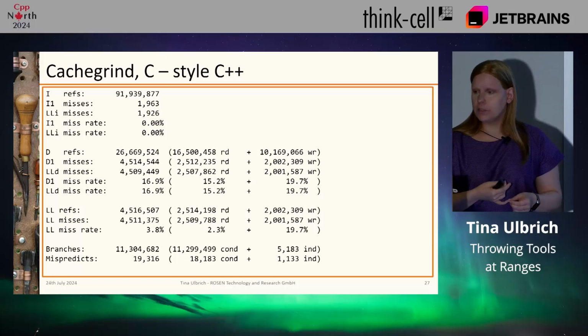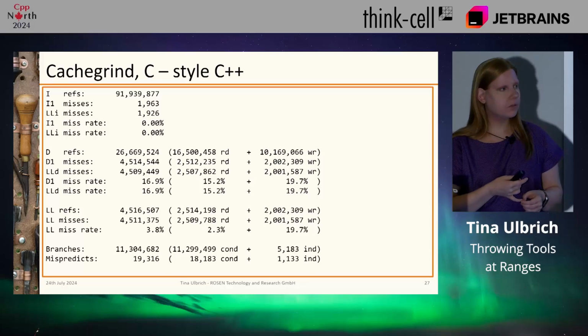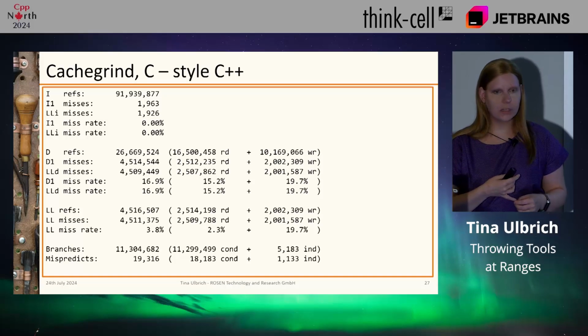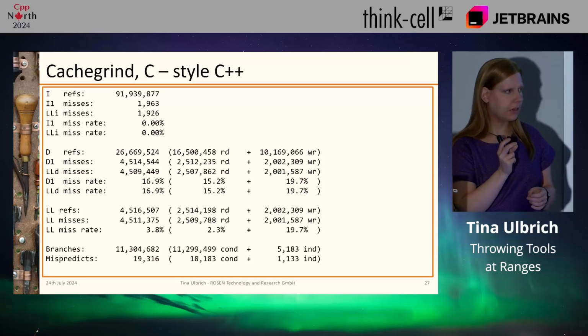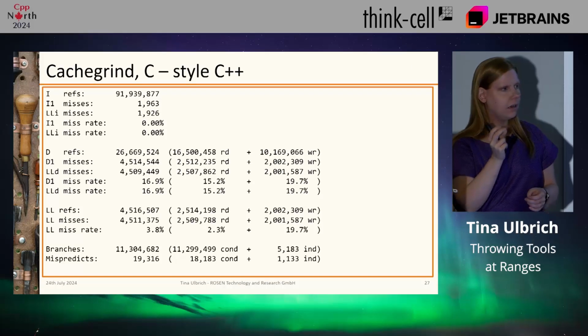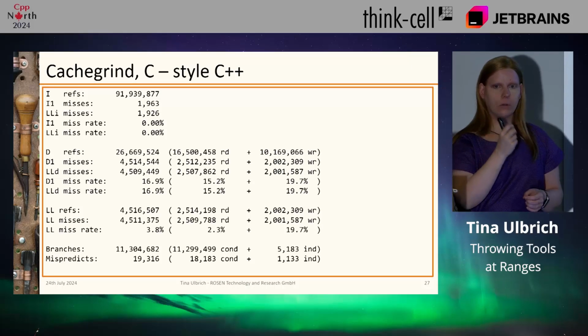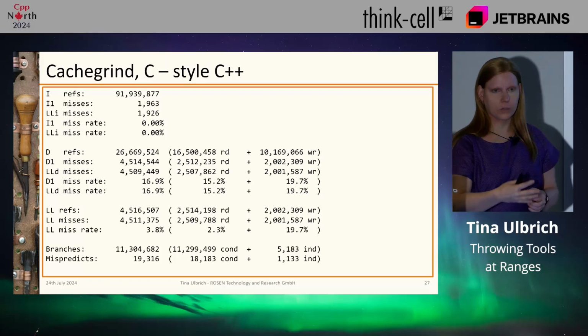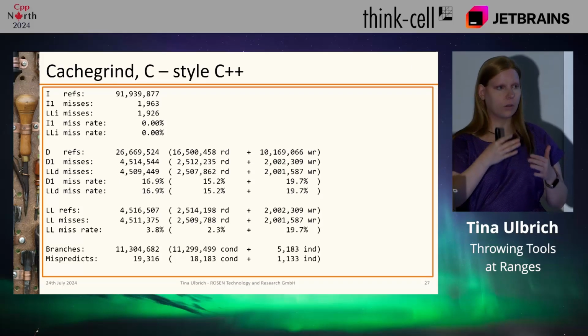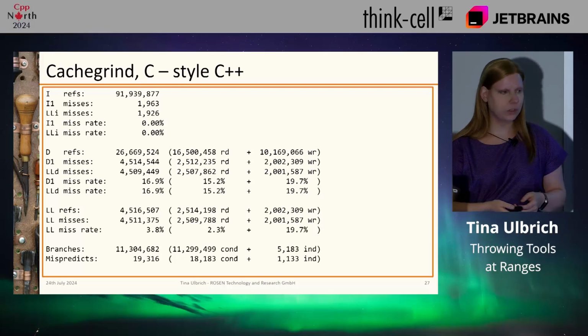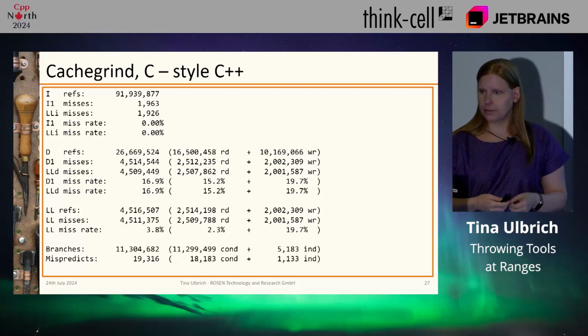And with modern C++, you can try to optimize for branch mispredicts. I've never used them, but there are keywords, likely and unlikely, that you can put into your code to maybe help the branch predictor predict which of your branches is more likely to execute and which is not. But I haven't tried it yet.